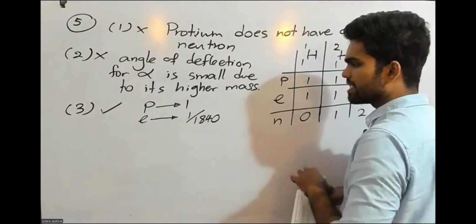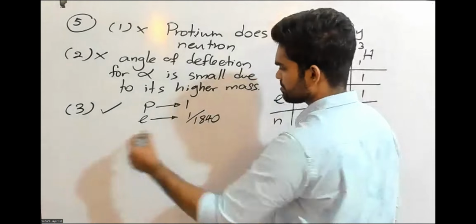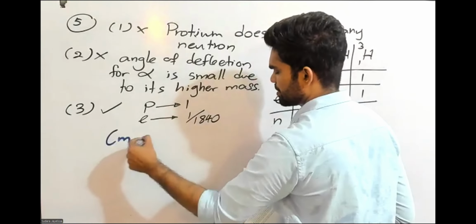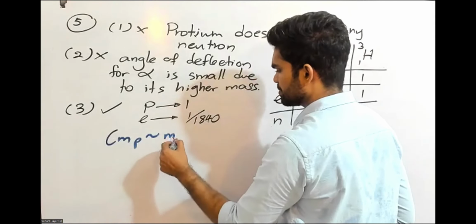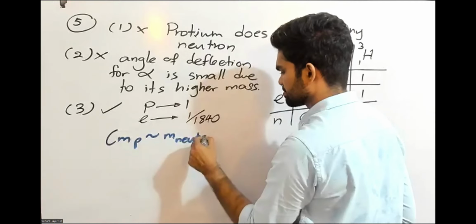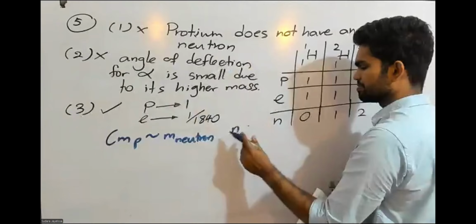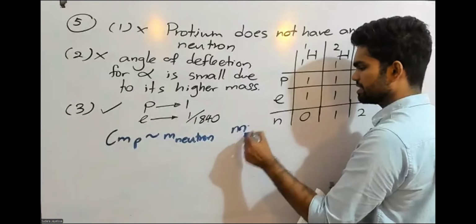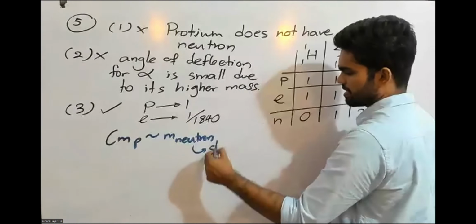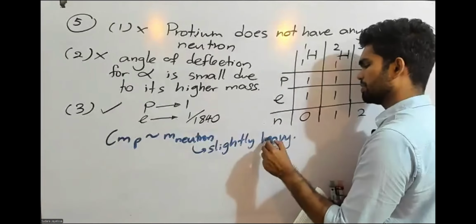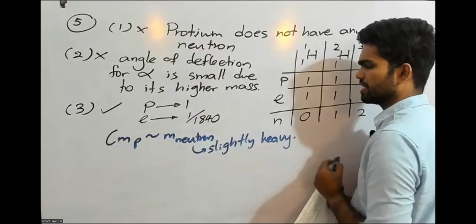You can write some additional points to this one. The mass of a proton is nearly equal to the mass of a neutron, but the mass of a neutron is a little bit heavier, slightly heavy. That point also can be asked.